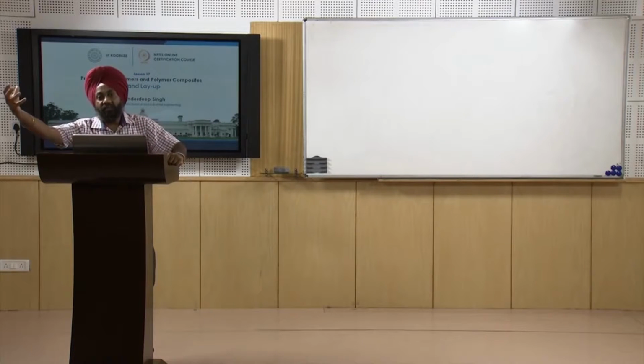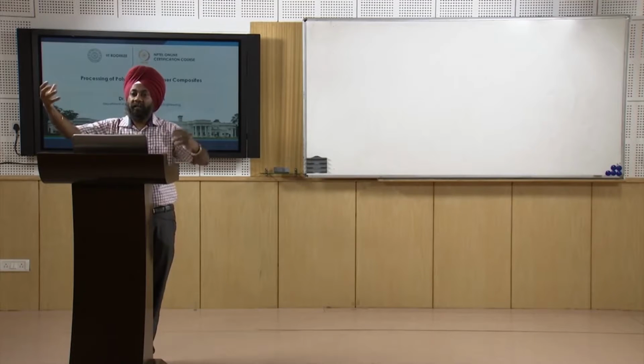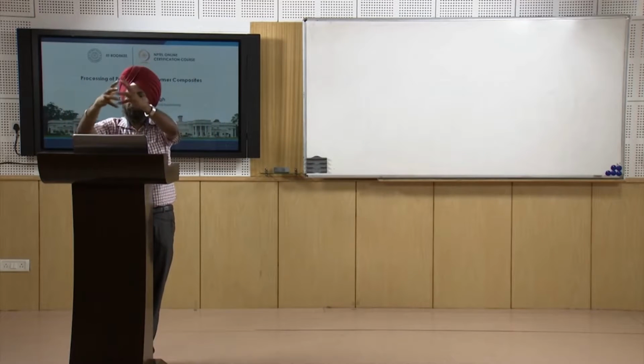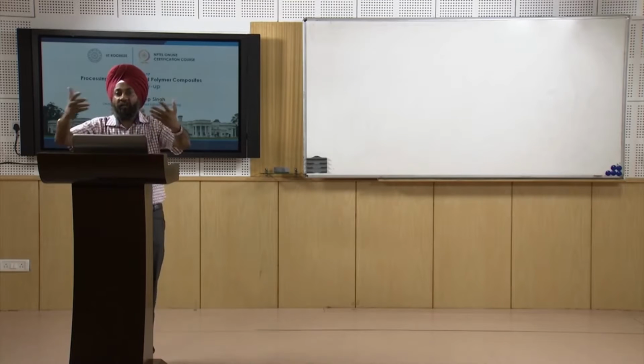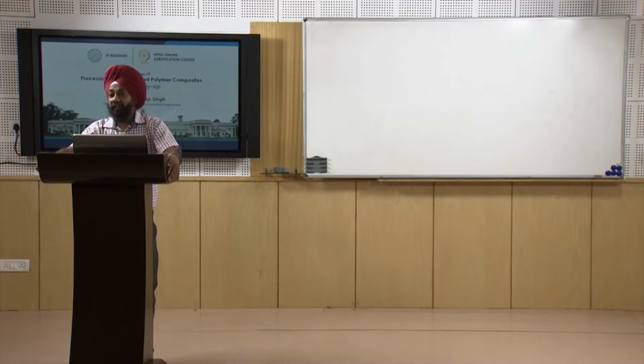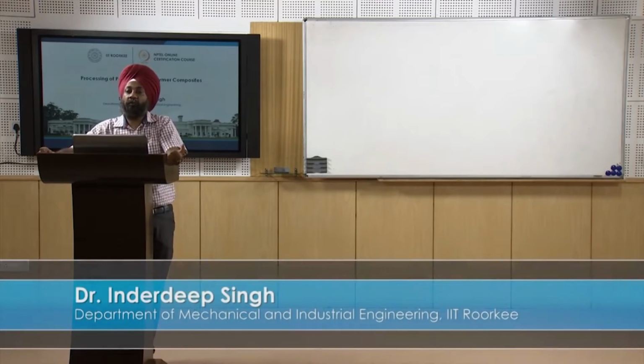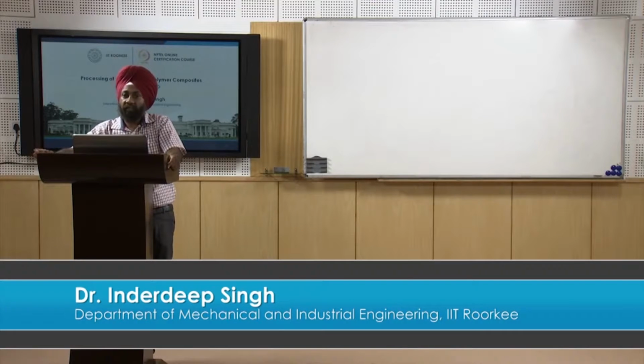One is substantially different chemically and physically, another constituent is entirely different, maybe the reinforcement is different, the matrix is different, and we have to combine these two distinct materials together in order to make a third material, and the third material should have better properties as compared to the individual constituents. Then only is the purpose of combining these two constituents achieved. So we have to see how we consolidate this material so that we get the desirable properties.